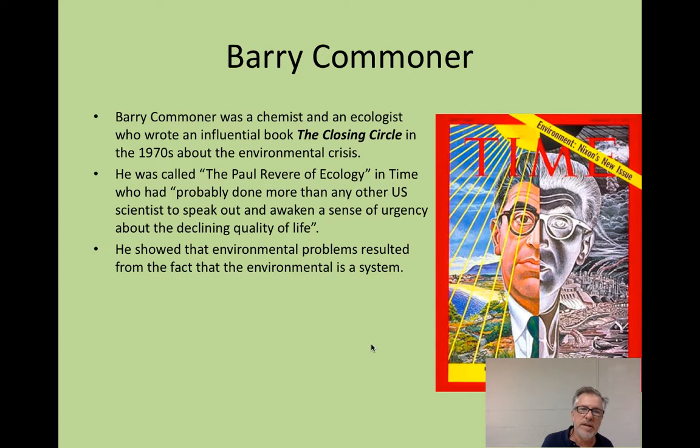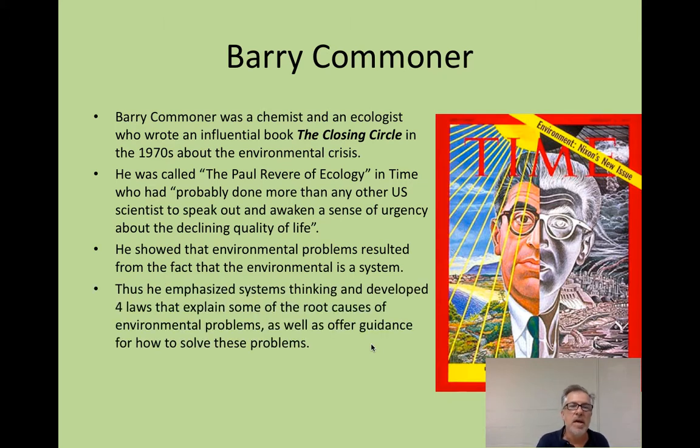And he demonstrated that environmental problems resulted from the fact that the environment is a system, and humans were acting in ways that caused the system to respond poorly, and in ways that showed that the environment was deteriorating and maybe threatening the future of humanity itself, although Commoner was never one to forecast imminent crises.